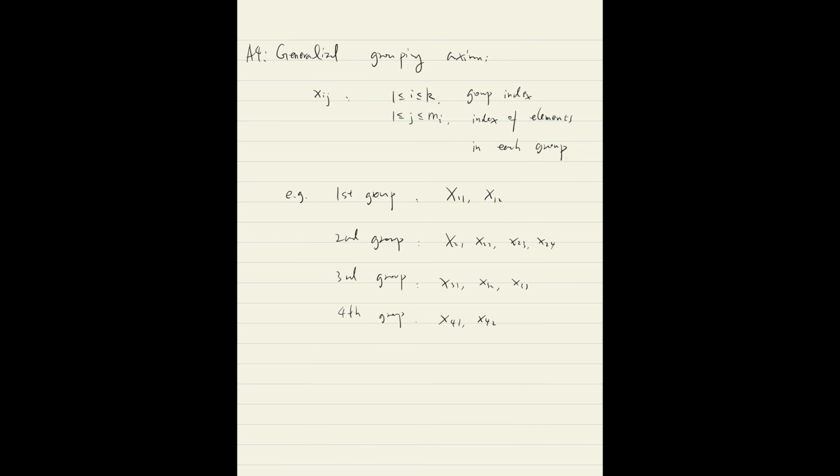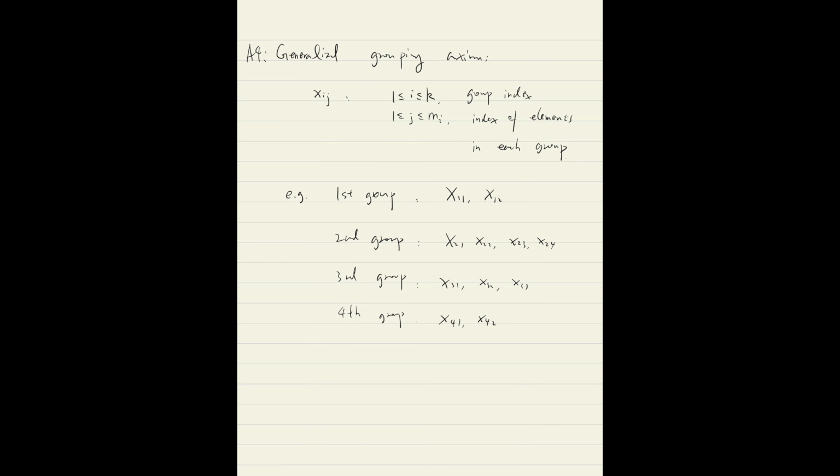For all the possible outcomes, we have two indices. One is the grouping index. The other one is the index within each group. We do the first one here, i from 1 to k. This is our group index. The other one is j, from 1 to mi, where mi tells you this is in the i-th group.